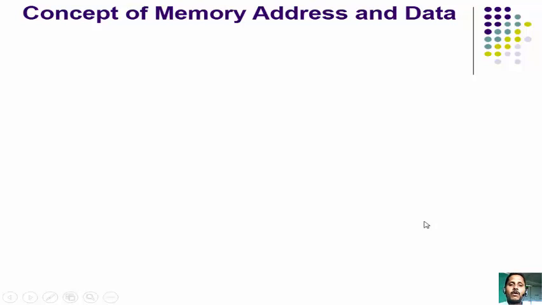Suppose the postman wants to receive or take the postcard from the particular person located in XYZ city, from that particular home. So taking a postcard from the particular location, or from the home which is located in the city, is nothing but a data reading operation. So here the memory is compared with the city, and the location of the home is compared with the address.